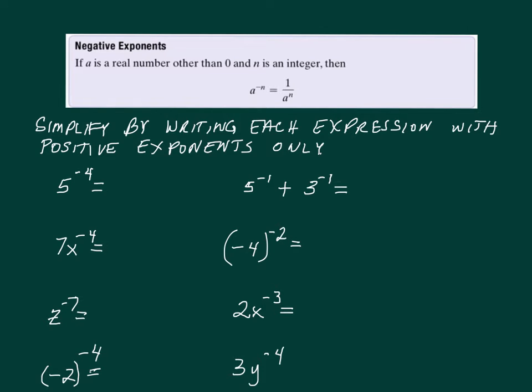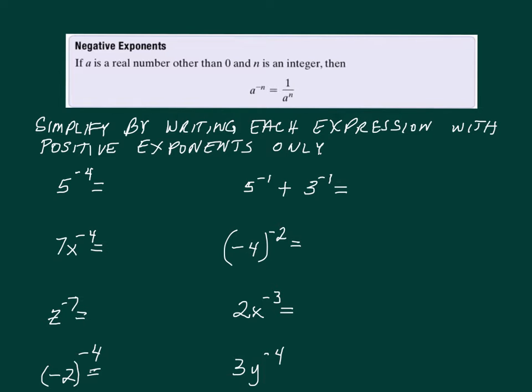So let's simplify some expressions by using positive exponents only. Look at what we have here. Negative exponents says if a is a real number other than 0 and n is an integer, then a to the negative n is equal to 1 over a to the positive n.